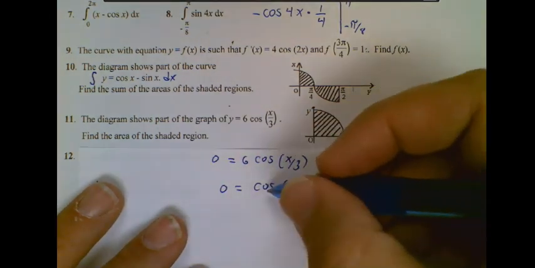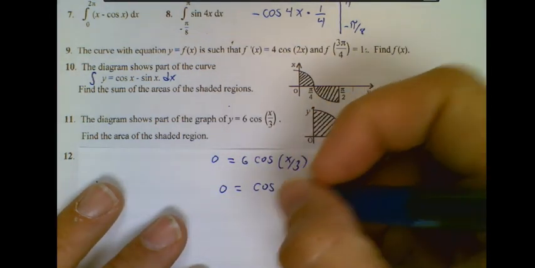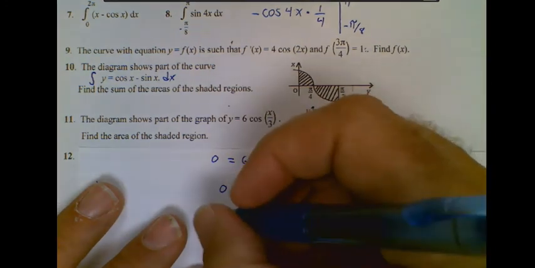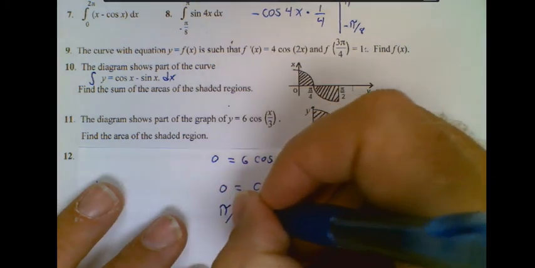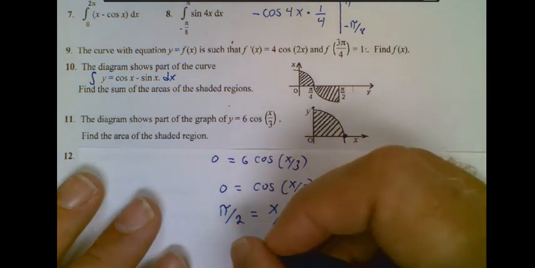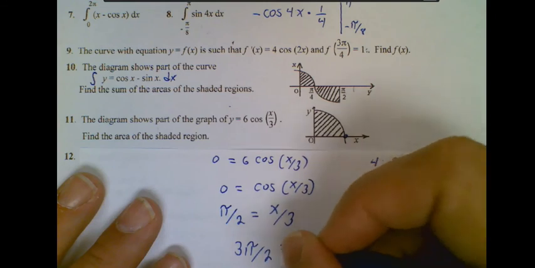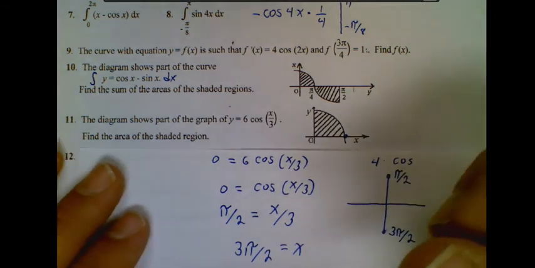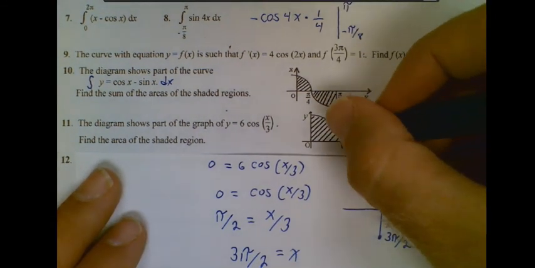So I know that the cosine of pi over 2 is equal to 0, which means pi over 2 must equal my x over 3. So if I multiply the 3 over to the left, then 3 pi over 2 becomes our x value. So that's what we just figured out for that value right there.